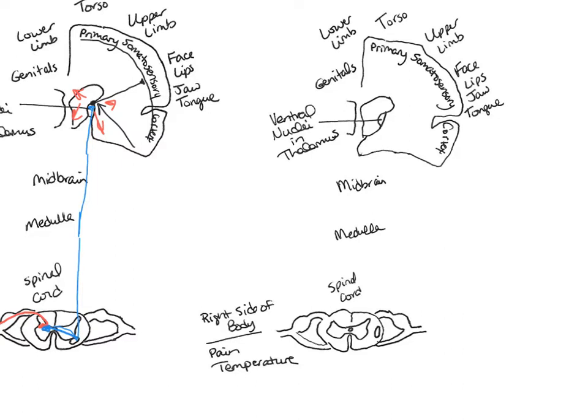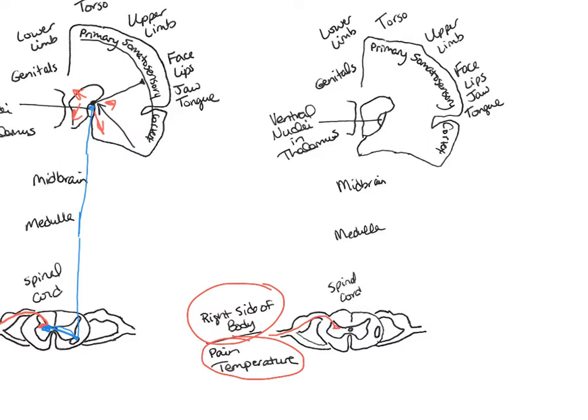Now, the lateral spinothalamic pathway is, first of all, here's the right side of the body. The right side of the body is experiencing some type of pain or temperature. So let's just say pain. It could be either one. Pain and temperature go up the same tract. So the sensory neuron comes in through the dorsal root.